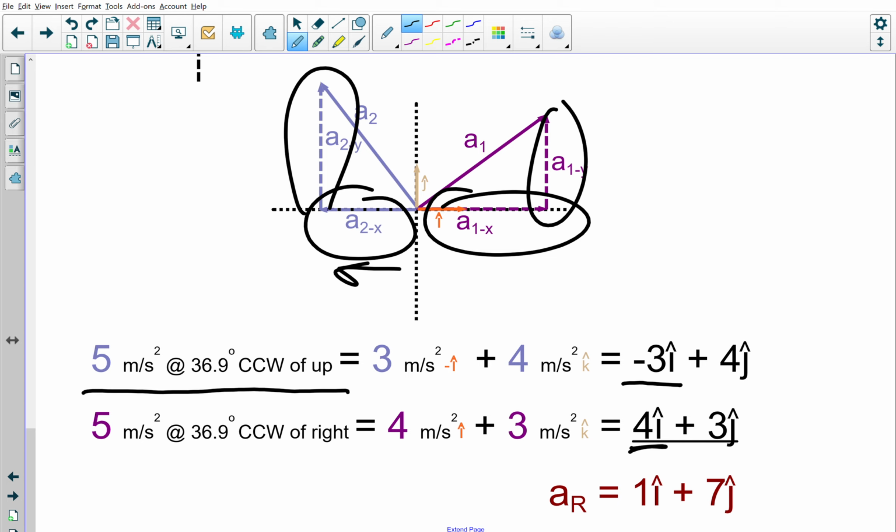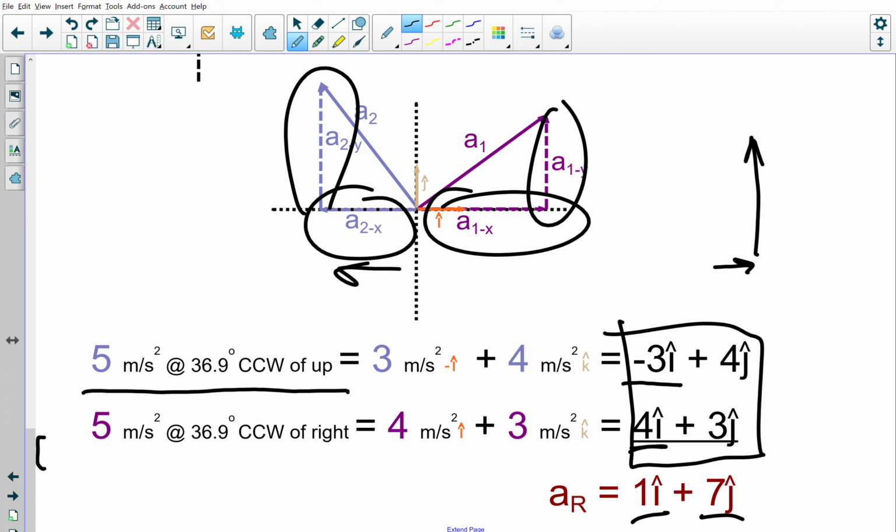The i hat and the j hat tell you which way. It's just another way to say in the x or in the y. Just another way to say it, and there are reasons for it, but get used to it now to keep it simple. And the nice thing about it is when you do the math, you just add them up. -3 and 4 gives you 1 in the i hat. 4 and 3 gives you 7 in the j hat. And of course, it draws out the same thing as we've been drawing. And so you're going to get the same result.